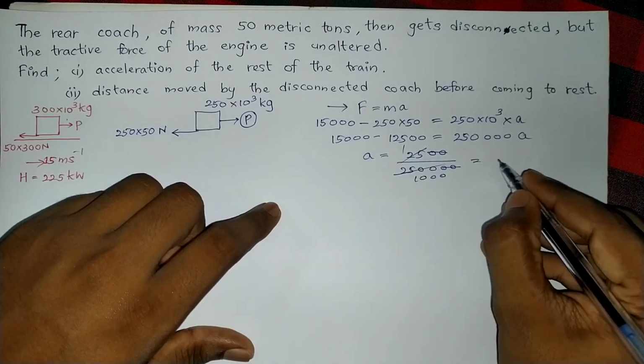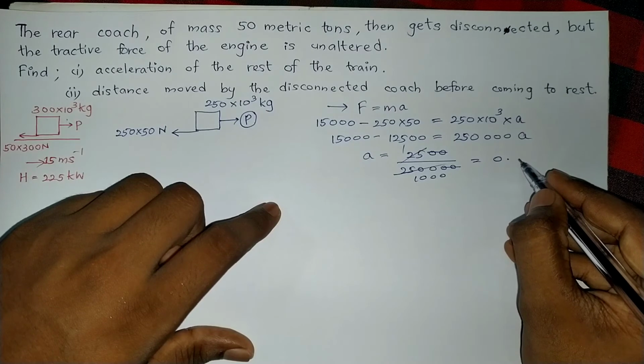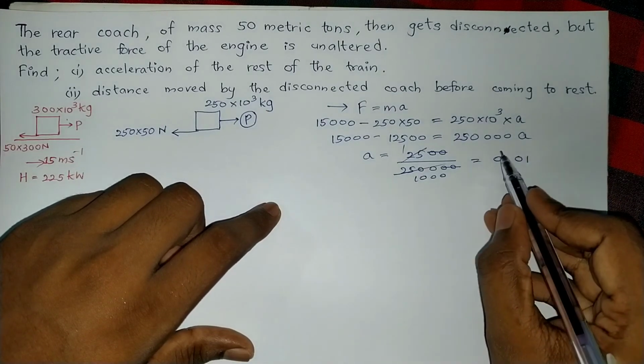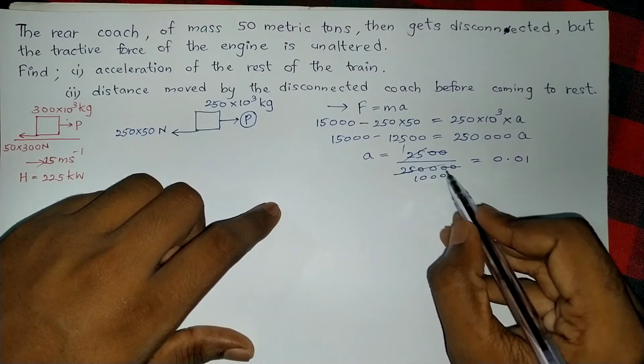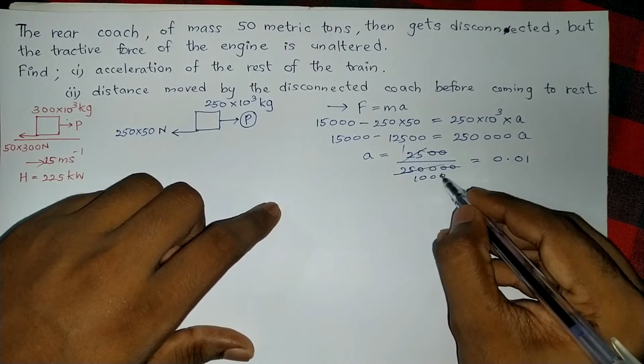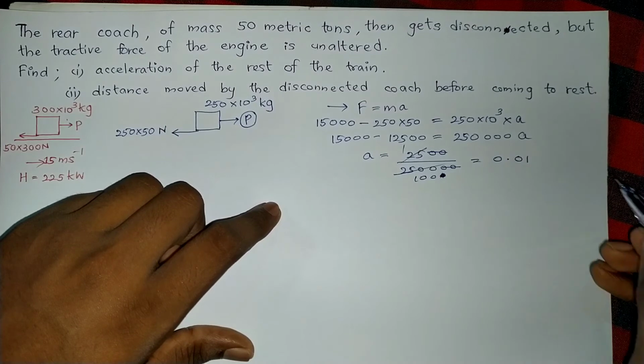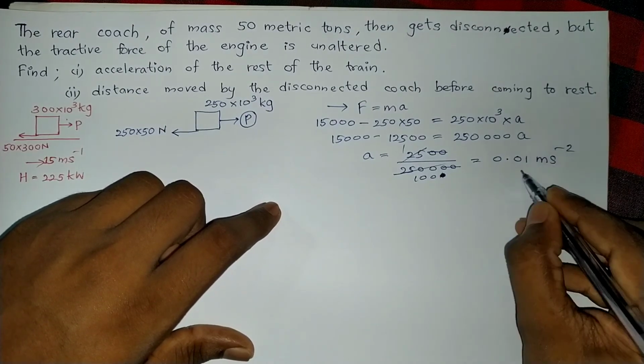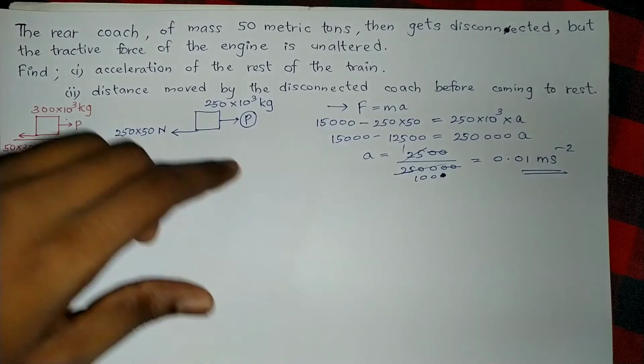Two zeros got cancelled. Here it is 100, not 1000. So it is 1 over 100, 0.01 meters per second square is the acceleration.